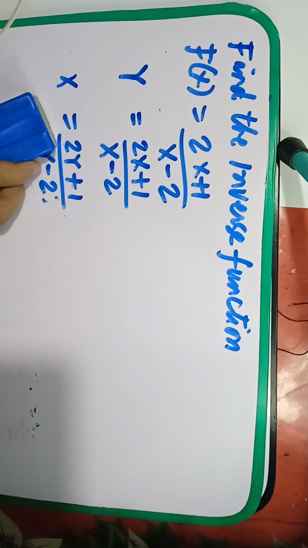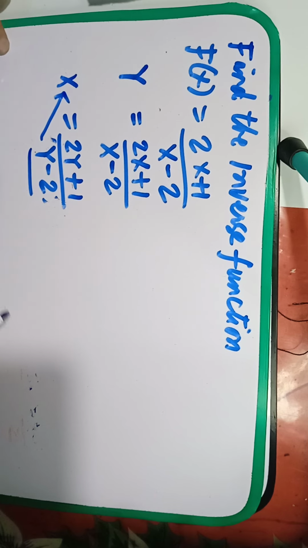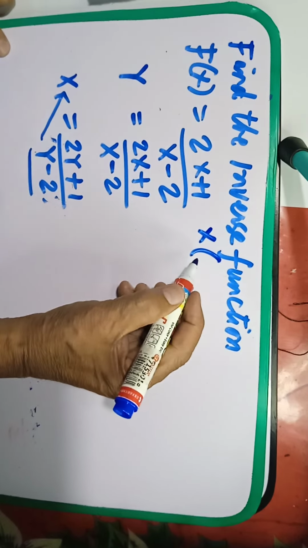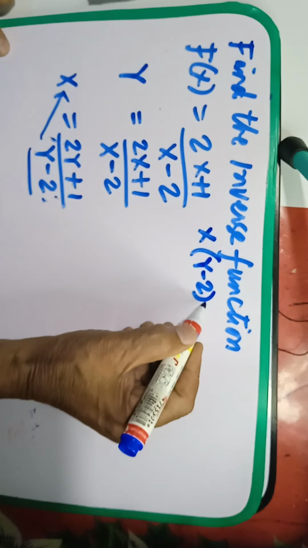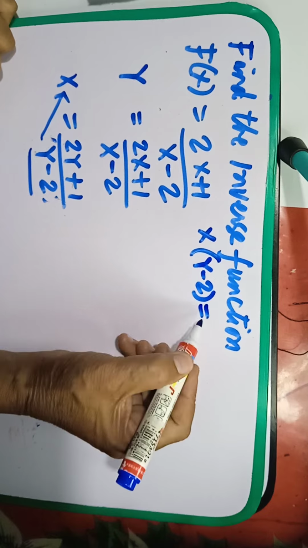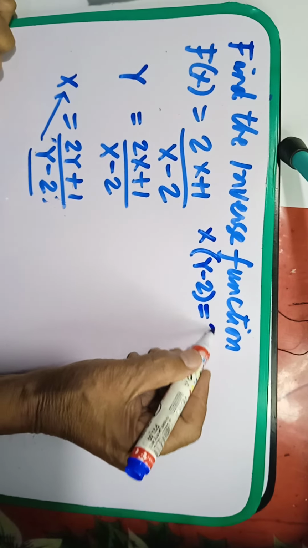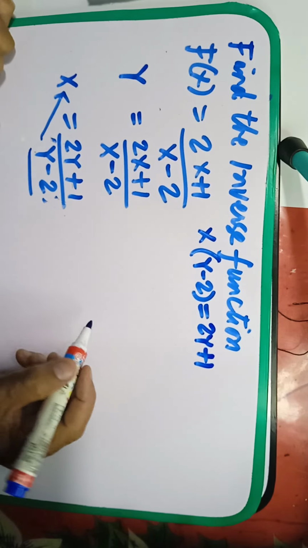We will multiply this one, y minus 2 to x in the left side, which is x times y minus 2, and copy the terms in the numerator in the right side, so 2y plus 1.